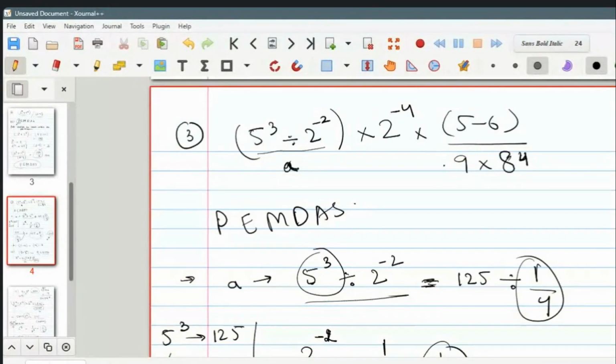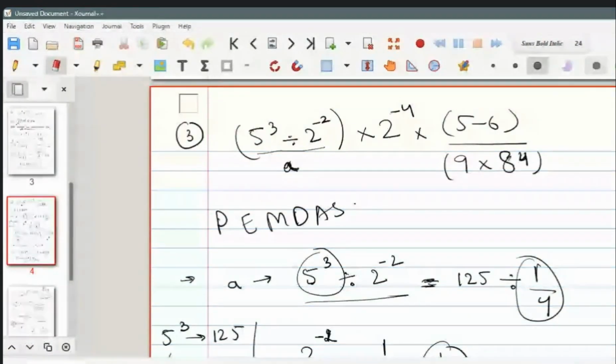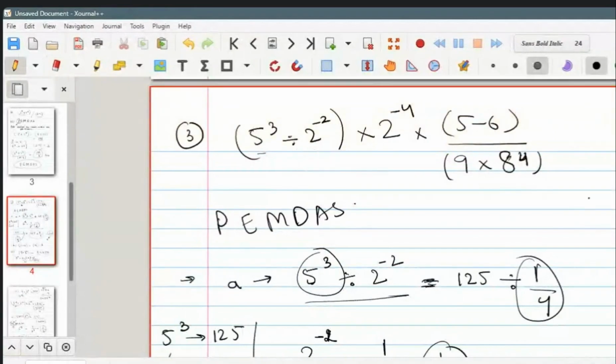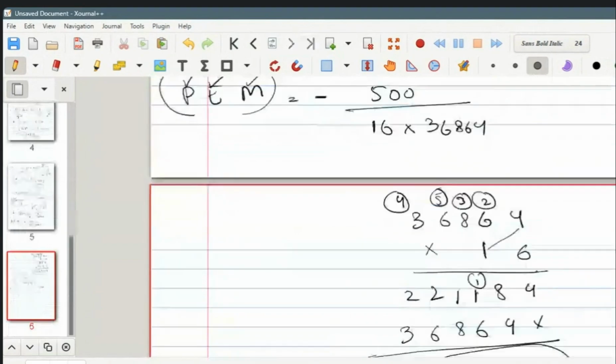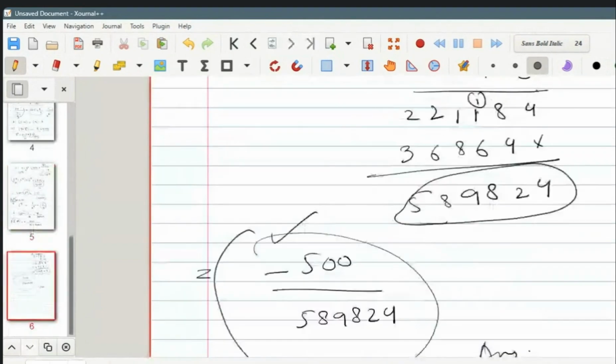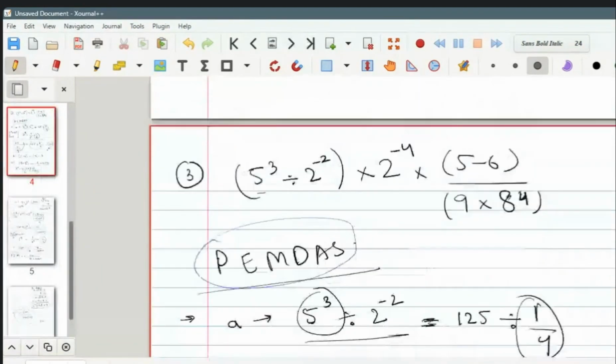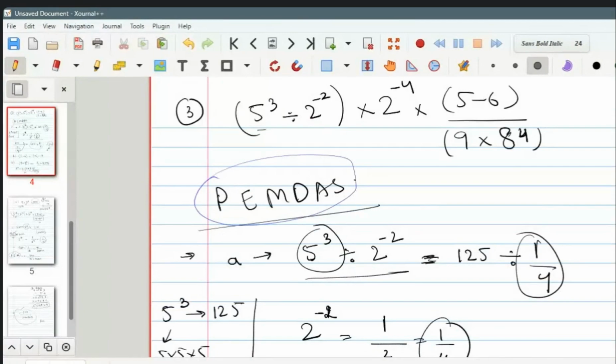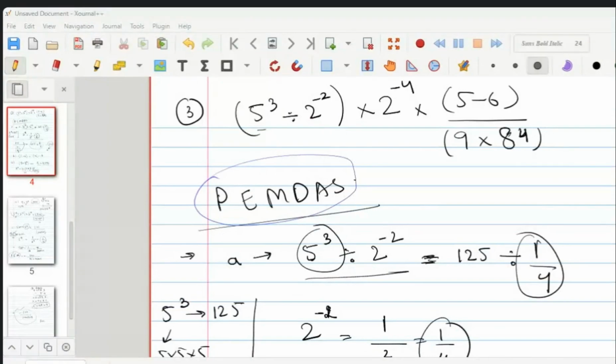So this was our question, and we did this simplification by following the PEMDAS rule. Ladies and gentlemen, please remember this rule. We will also do some examples, and I will give you some homework on this section in the next class. If any students have any question, then please ask.